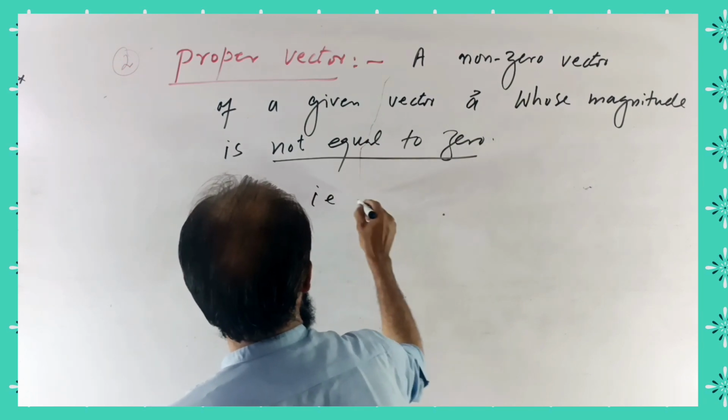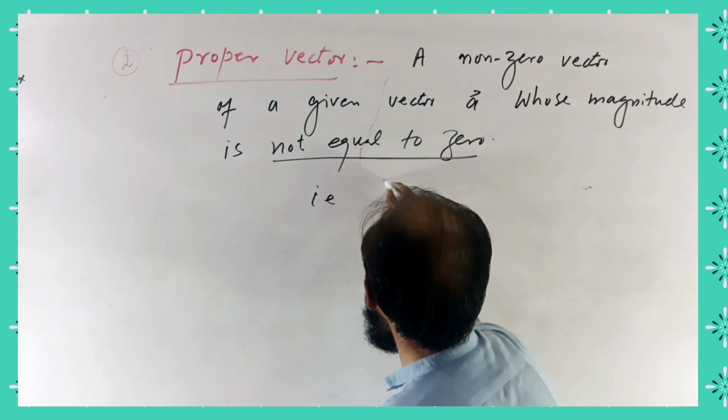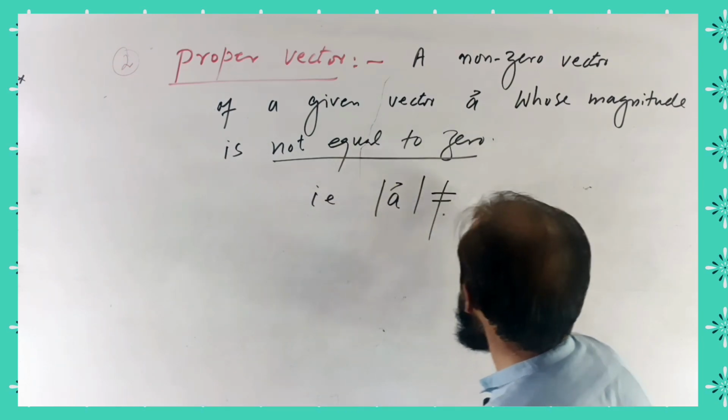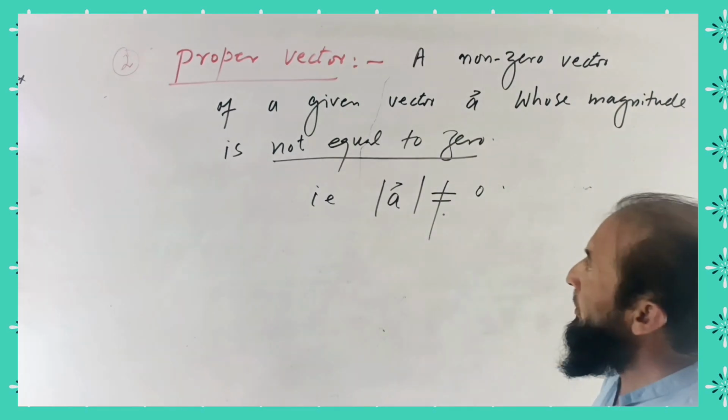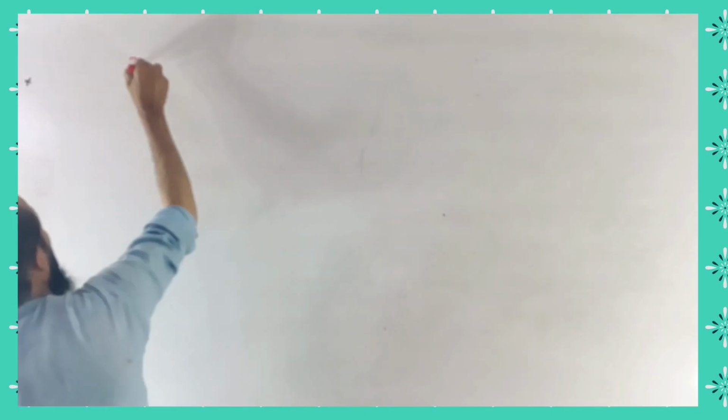That is, we can write the magnitude is not equal to 0.